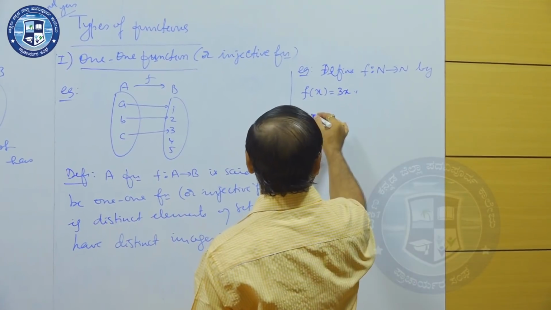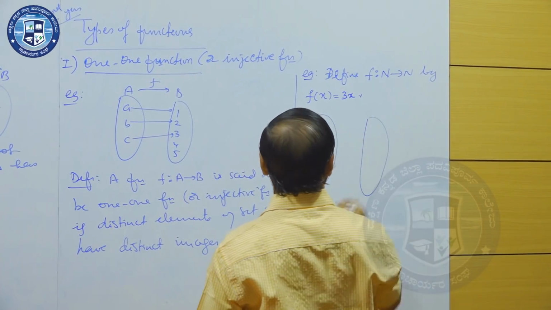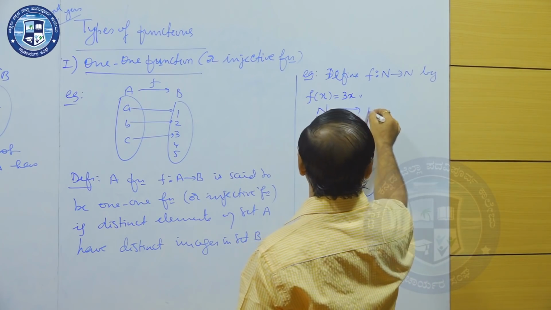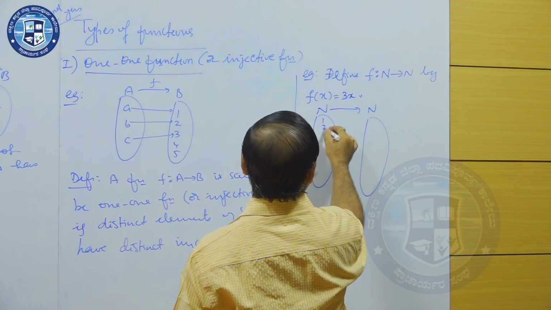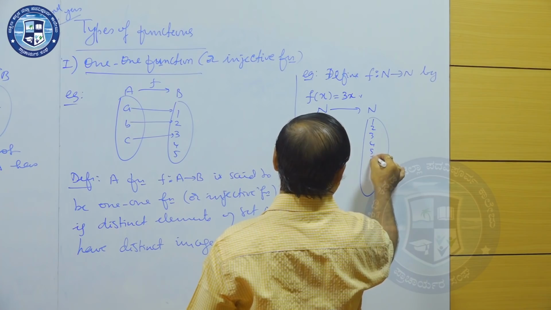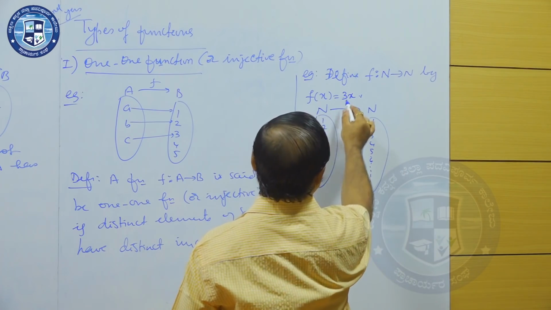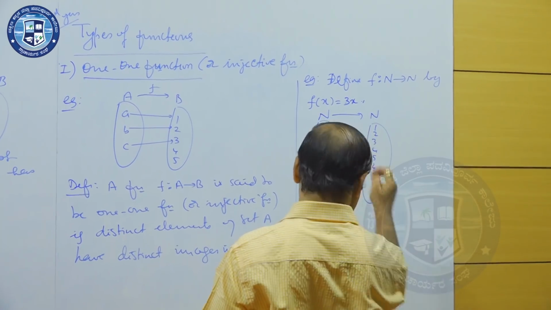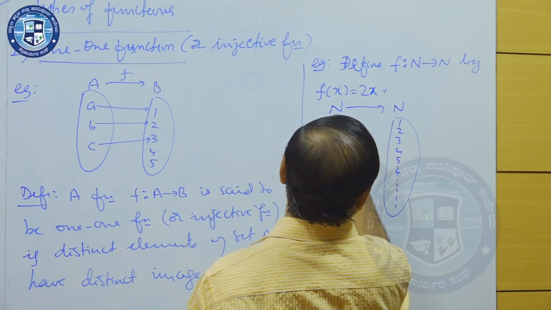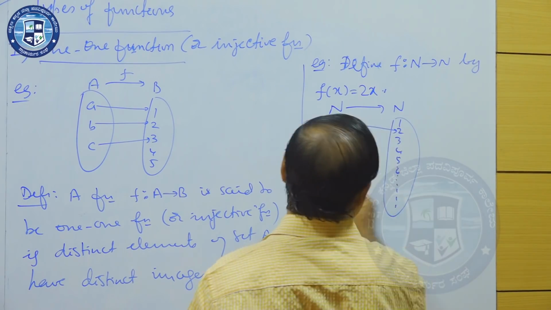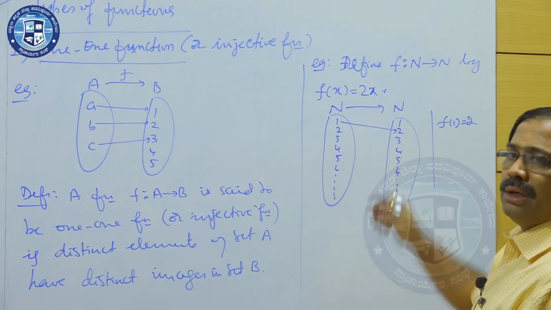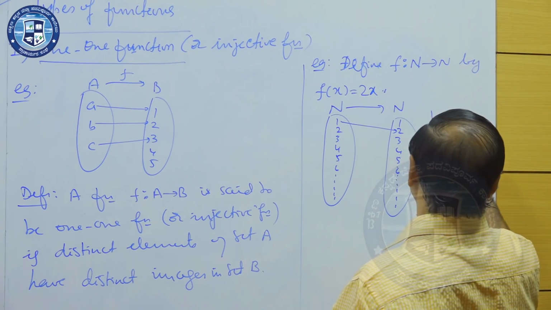Now let us see whether this is one-to-one. We define the function N to N. What is N? N means the set of natural numbers. Now x is 1, and 1 is mapped onto 2, since f of x is 2x. F of 1 is 2. F of 2 is equal to 4.